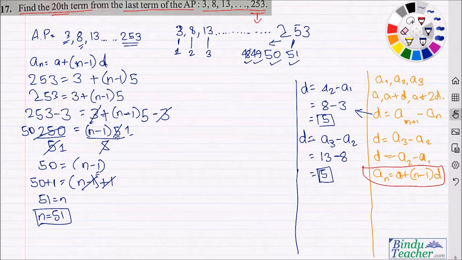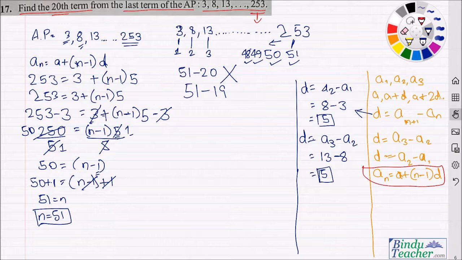Okay. So if we write 50 minus, sorry, not 50, but 51 minus 20, this is incorrect. We have to write 51 minus 19.